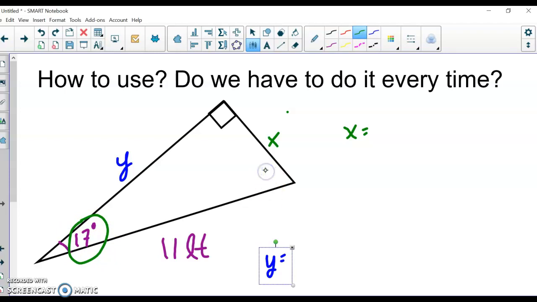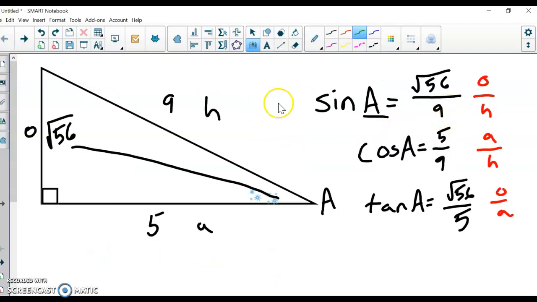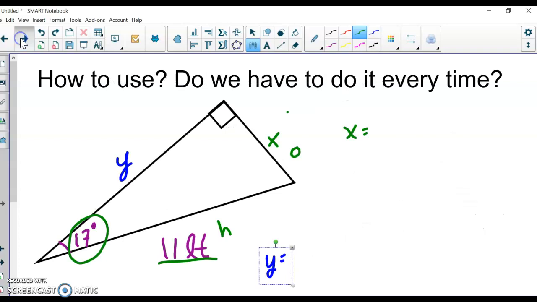And I'm going to say, what is x to 17? Well, x is that opposite side. All right? And then I have this 11. And what is that to the 17? That's my hypotenuse. What ratio deals with O and H? Well, it's sine. So I'm going to look at the sine ratio.